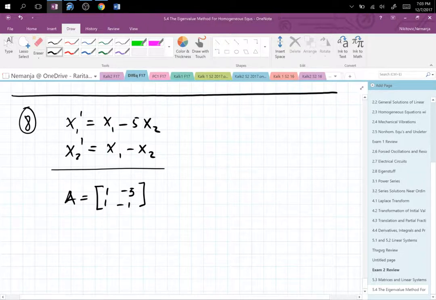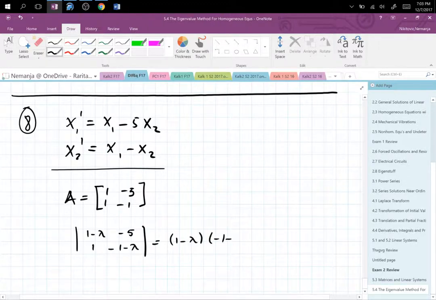I'm not used to it. And then we take away lambdas. So we have 1 minus lambda, negative 5, 1, and negative 1 minus lambda. Determinant of that: 1 minus lambda times negative 1 minus lambda plus 5 equals 0.